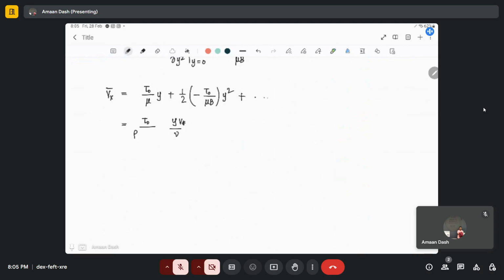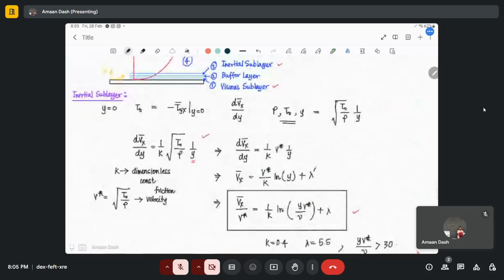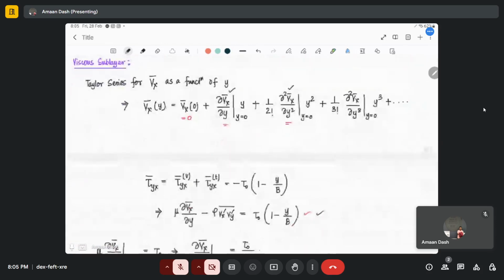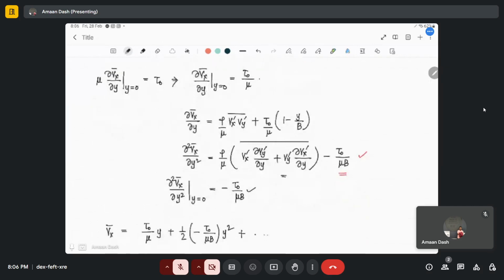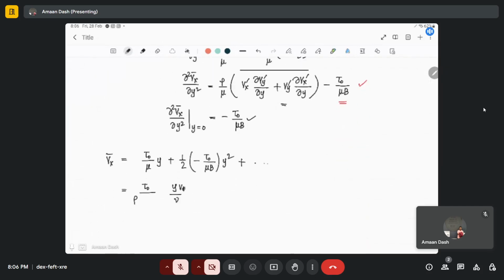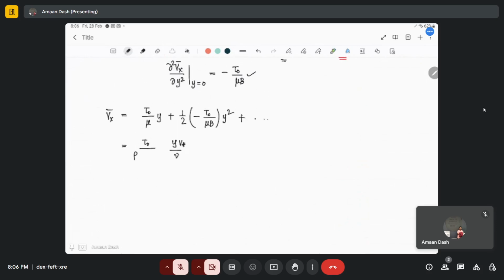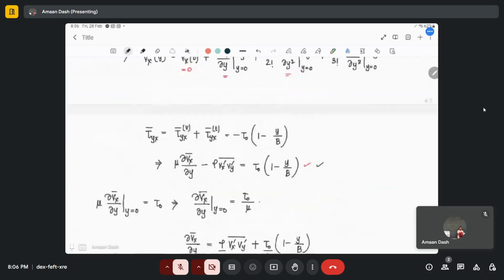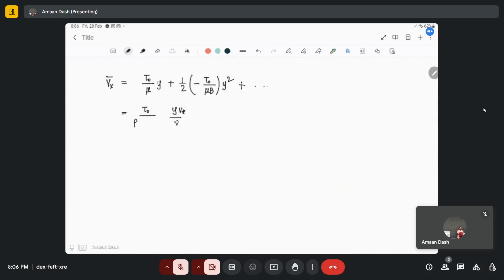And this tau 0 by rho that we have, if you remember, is V star square.